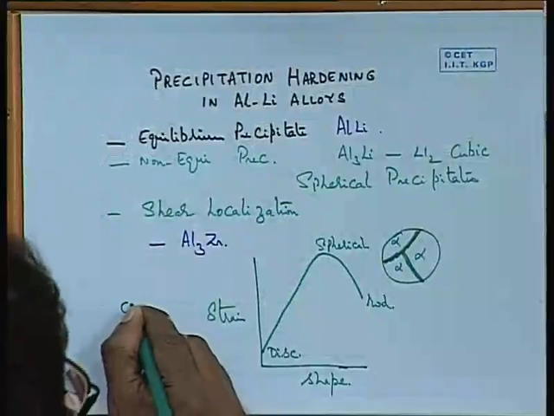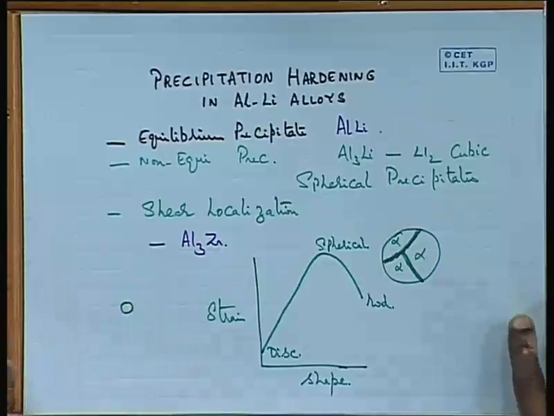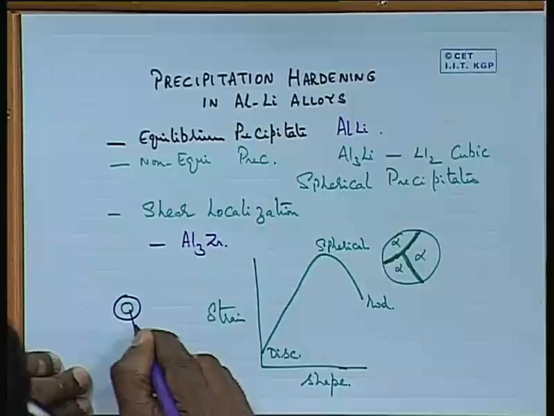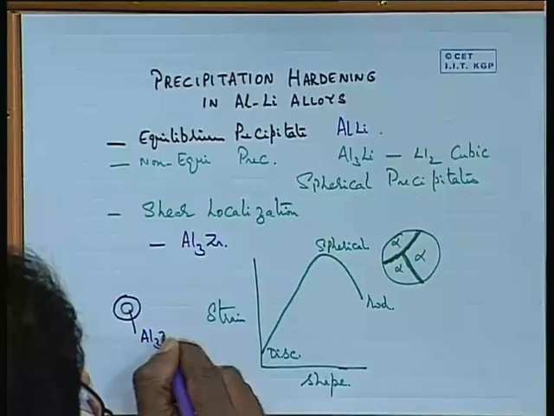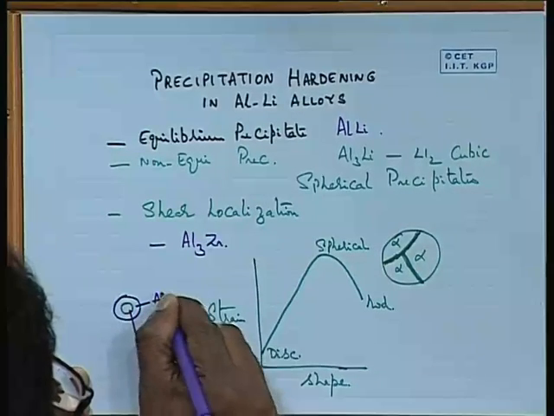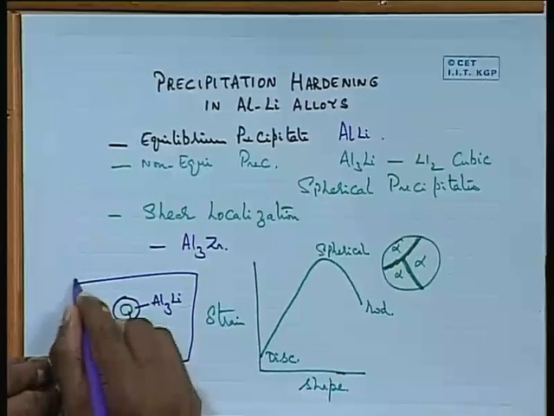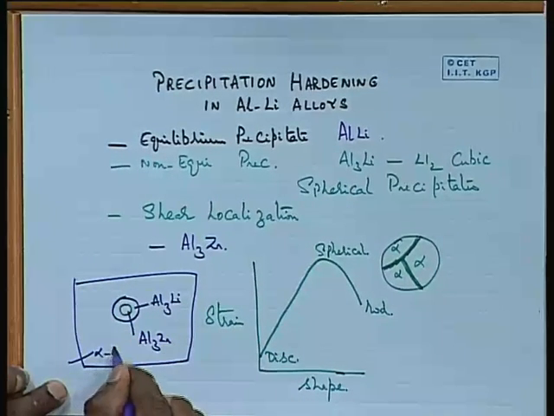As a result, you can have Al3Zr on which Al3Li nucleates. So, you have Al3Zr in the center and Al3Li on top of it, in a matrix of, let us say, alpha aluminum.